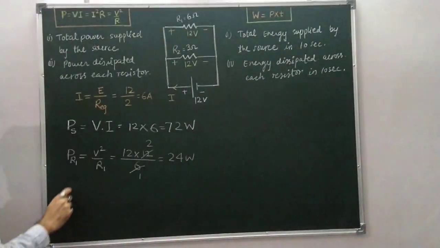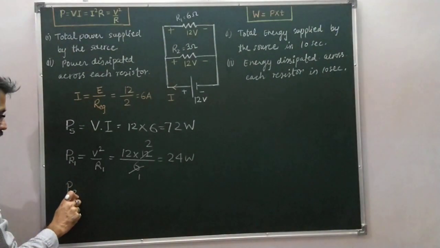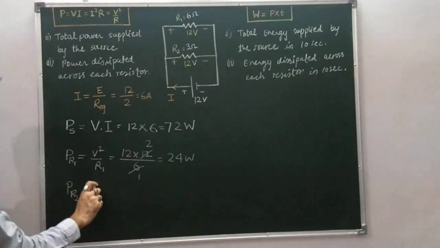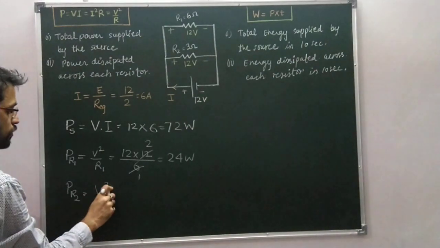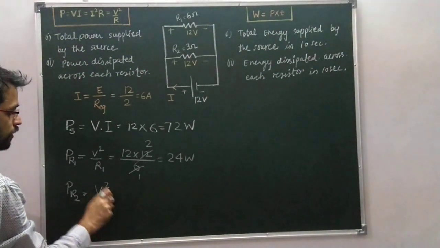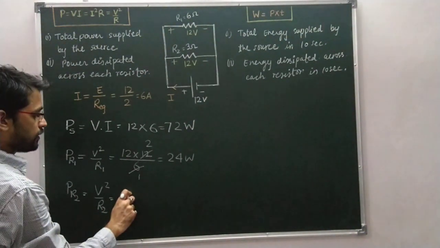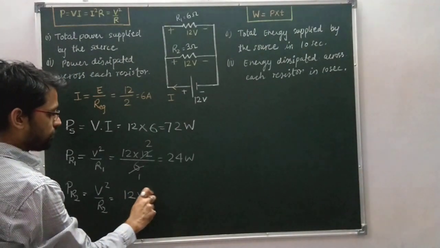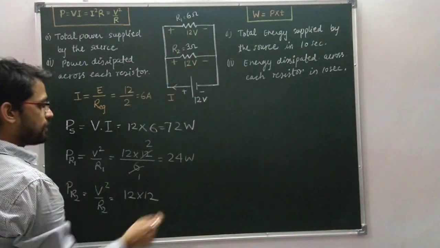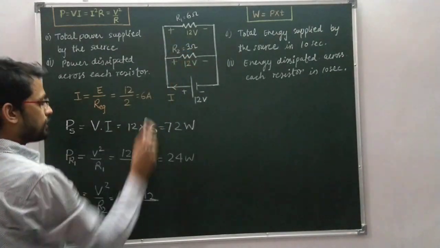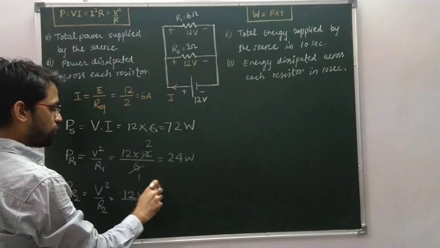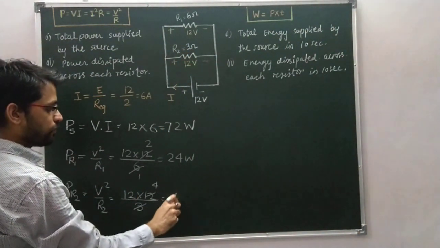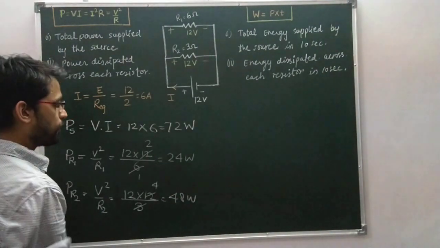Now calculate the power delivered across R2. Same formula, V square by R2. It is 12 into 12, because potential difference remains the same, divided by resistance 3. 3 fours are 12, means 48 watt.